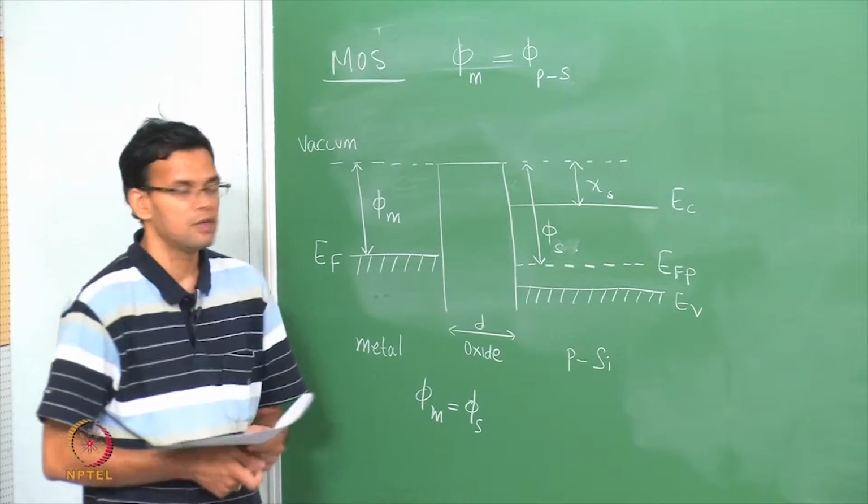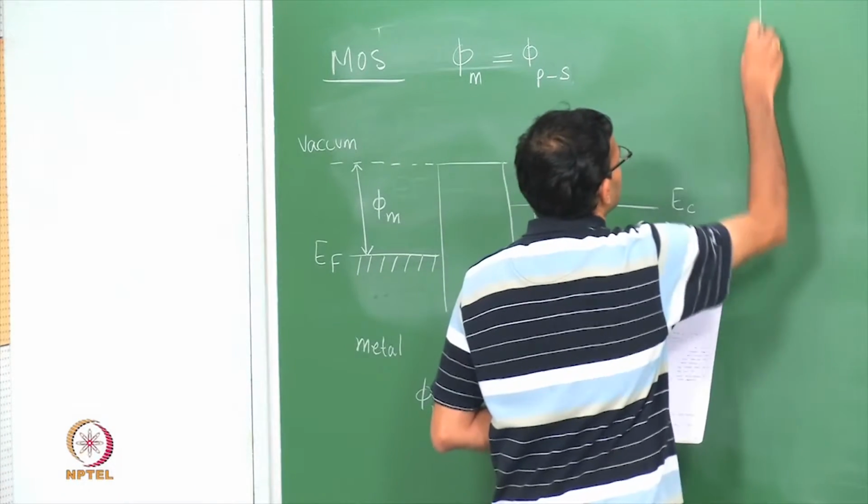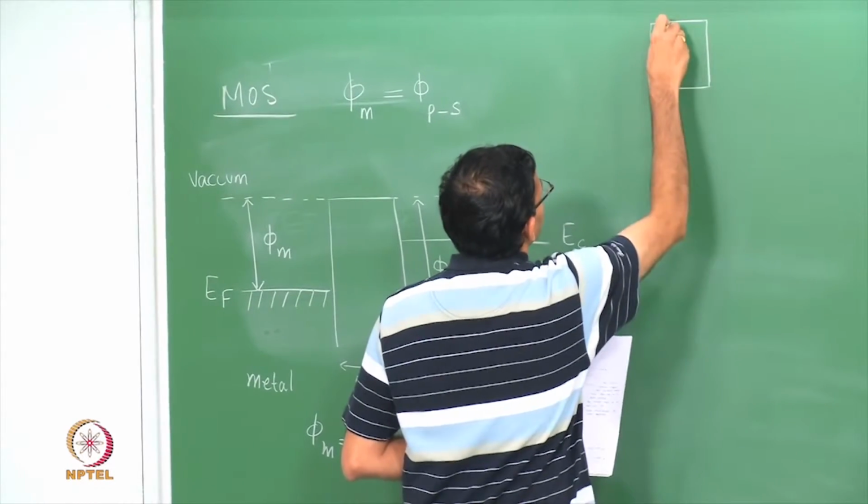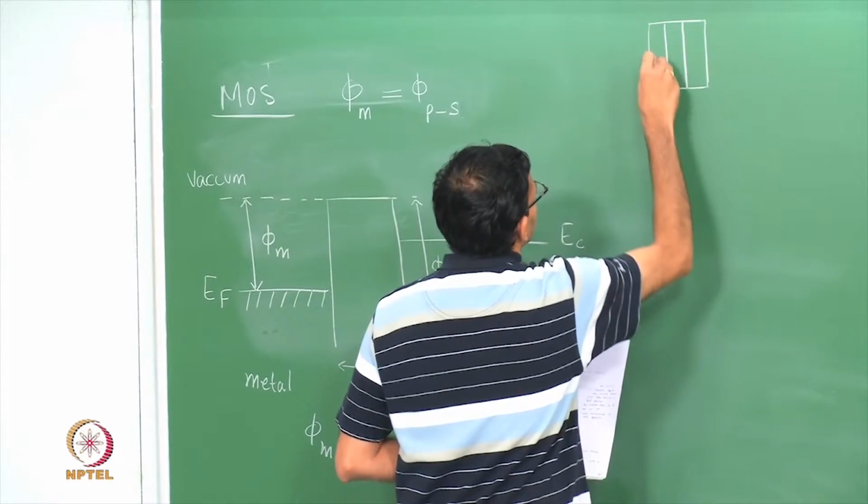So let us look at the metal oxide semiconductor under bias. I am just drawing a schematic.